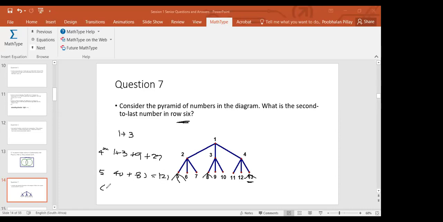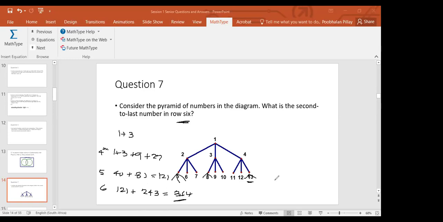And then in the sixth row, you've got the number of numbers in the sixth row which are added, 81 times 3. If you add it to all the numbers in the previous rows, you get 364 when you add these numbers.